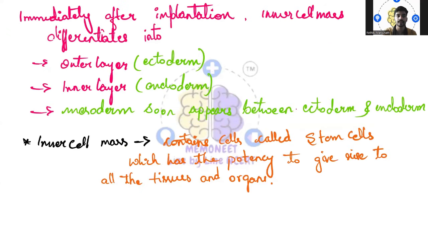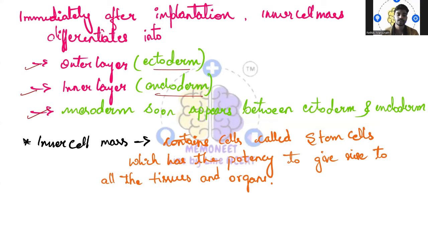Clear? So immediately after the implantation, the inner cell mass gets differentiated into an outer layer, an inner layer, and a middle layer. The outer layer is called the ectoderm, the inner layer is called the endoderm, and the middle layer, the mesoderm, soon appears between the ectoderm and endoderm.